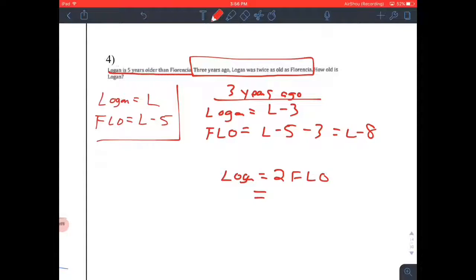Well, Logan's age 3 years ago is L minus 3. Florencia, it's going to be 2 times her age 3 years ago. That's 2 times L minus 8. These parentheses are pointless on the left. On the right, if we distribute the 2, we get 2L minus 16.